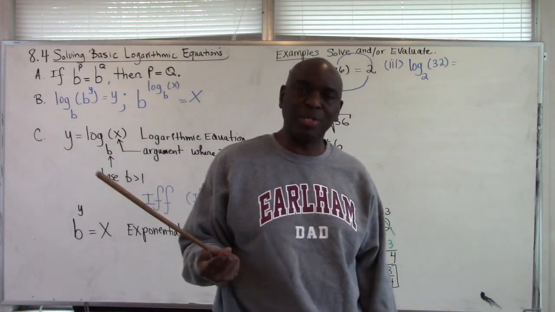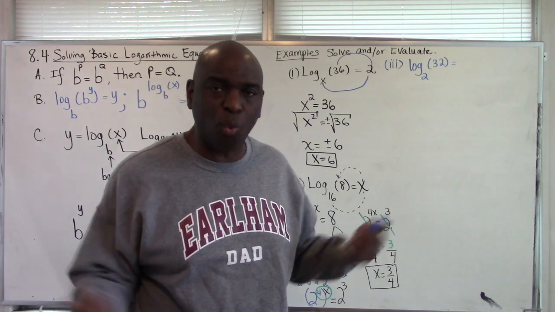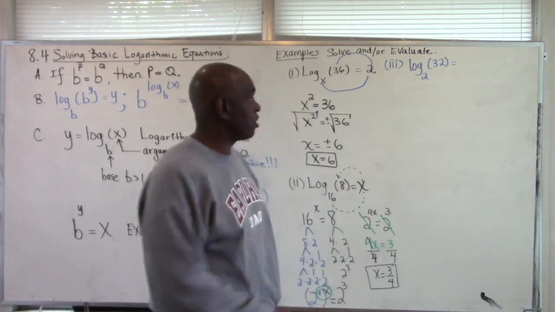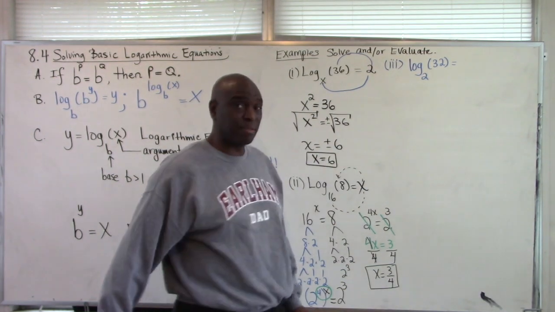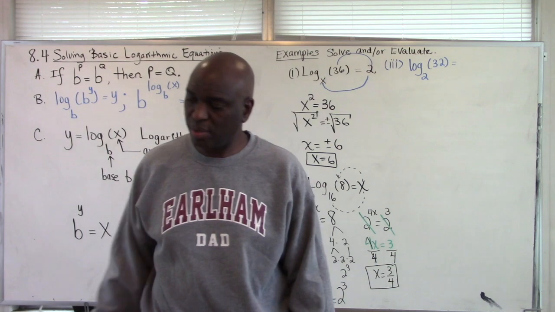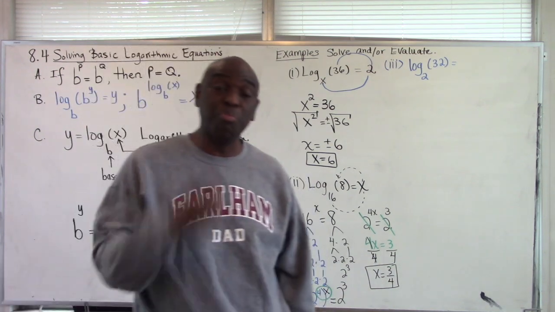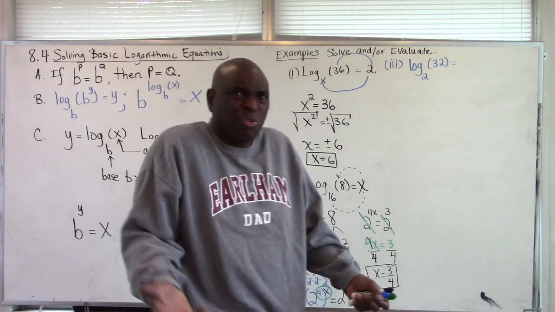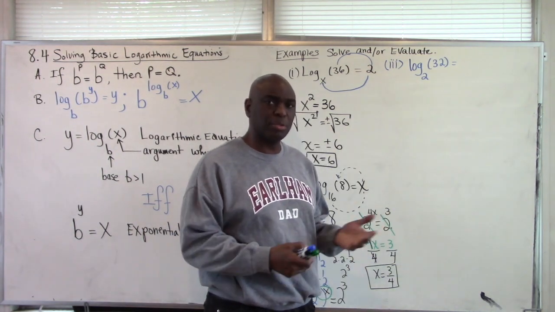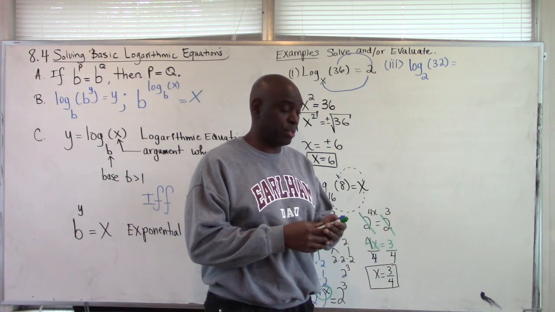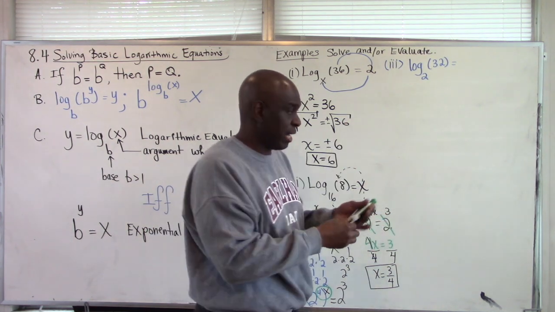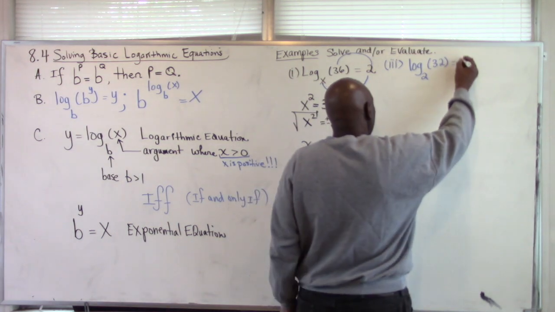It's not a solve because there's no variable. There's no x, there's no y, there's no z, so there's nothing to solve. So in essence, this one is an evaluate. What is log base 2 of 32? Evaluate it. Unless you make it a solve. I don't know what log base 2 of 32 is. So what I'm going to do is I'm going to put an x right there because x represents the unknown. It equals x.